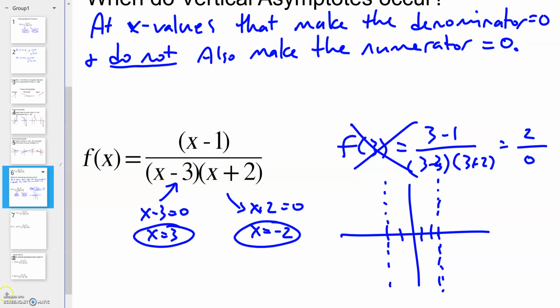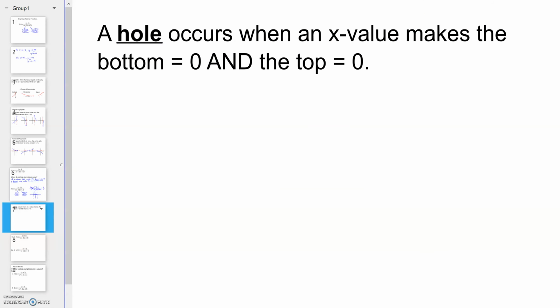But also let me talk about that exception: what happens if it makes the denominator and the numerator equal 0. What we call it when there's an x value that makes both the bottom and the top equal 0 is a hole. We say there's a hole in the graph. In other words, it's like saying there's a common factor on the top and bottom.